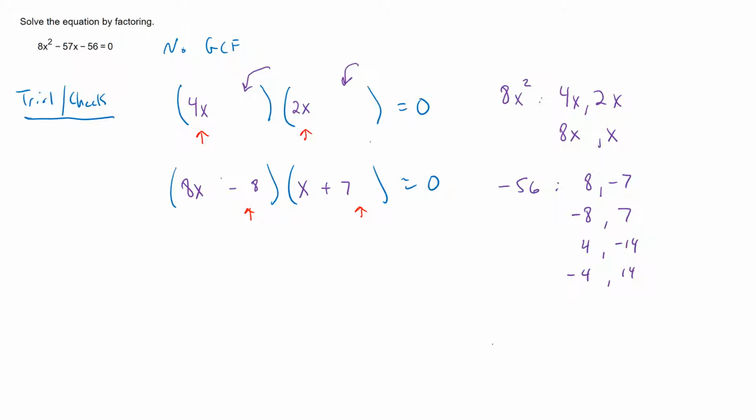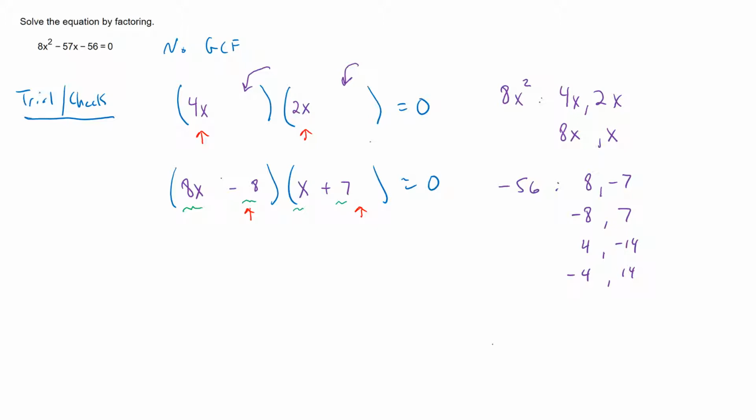Now this right here is a potential factorization. Notice that the first two terms, the 8x and the 1x, multiply to 8x squared. And the back two terms, negative 8 and the 7, multiply to negative 56. But it's the middle term that's in question.